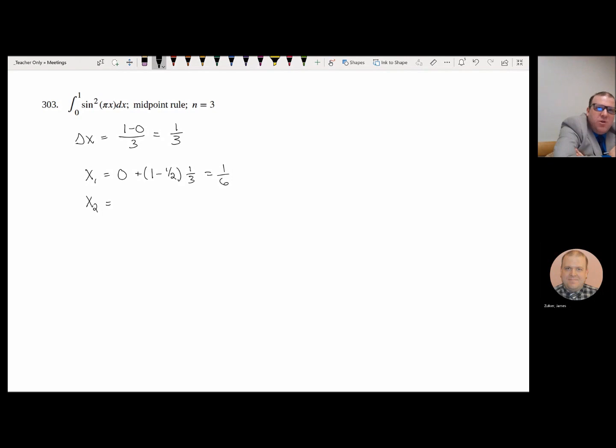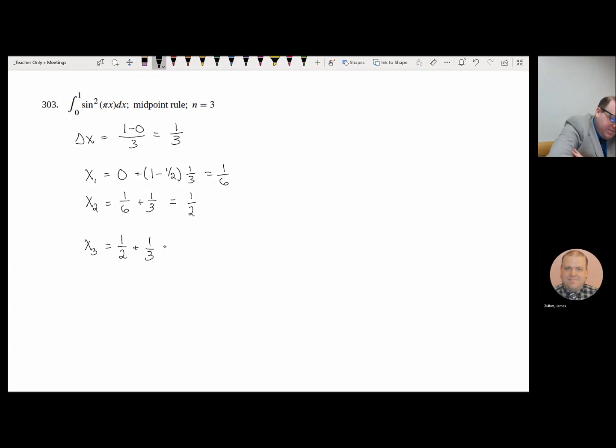Why don't we just add 1/3 to a sixth? And that's our next test point. That's a half. And then the final point, x3, would be 1/2 plus a third, right?